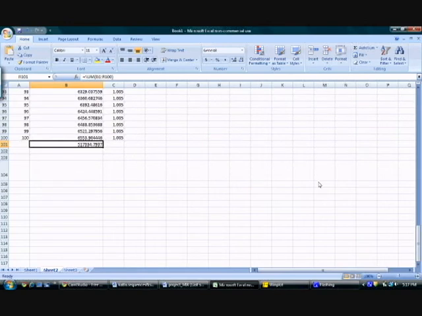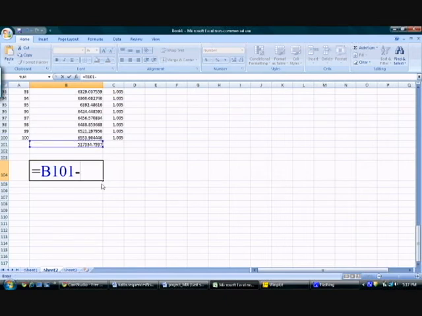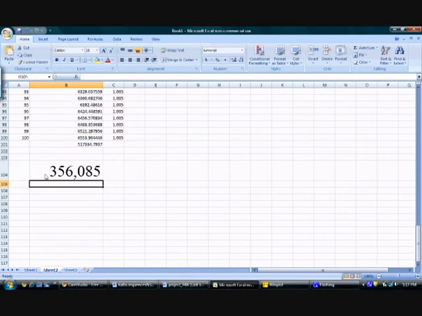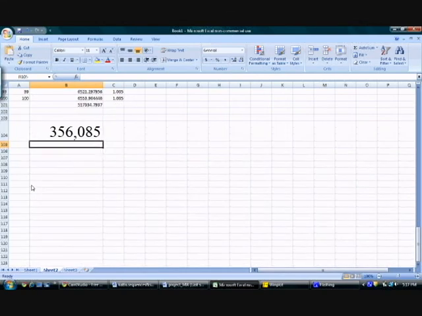And we take her debt and subtract it from this total, and she ends up having $356,085 left over for the period of 100 months that she's being paid and that she has paid off her debt. Now we have answered the second part of the question.